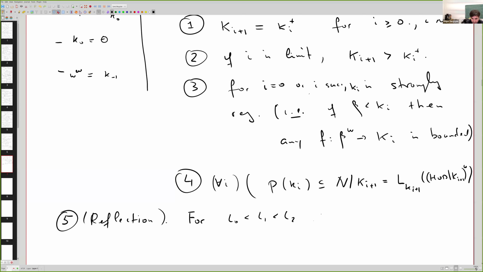Let lambda 0 be kappa I0, lambda 1 be kappa I1, lambda j to be kappa Ij. So lambda 0 is kappa sub I0, etc. The following holds.